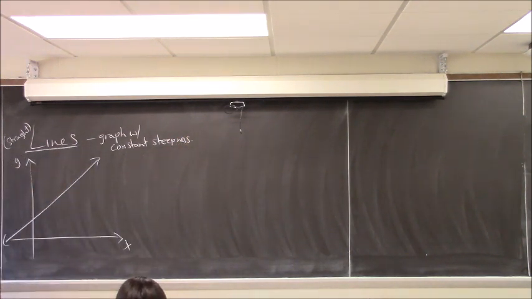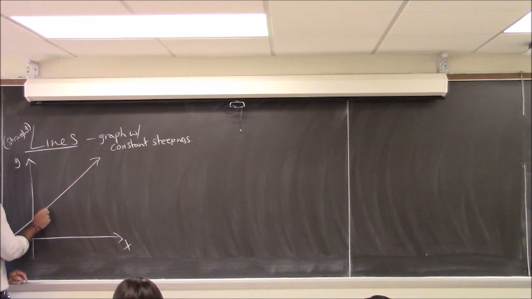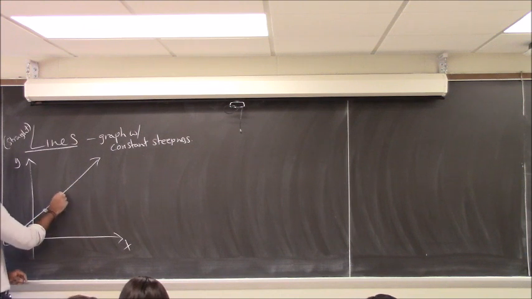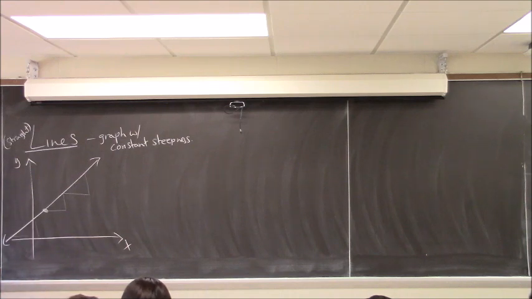So at any point, if you know how fast it's rising, you know how fast it's rising at all points. It's always going to be rising at the same speed. So if you move to the right and then up, you take the ratio of these two things, you'll always have the same thing, no matter where along the line you do this. That's what makes something a line. If something is not a line, that's not going to be true.